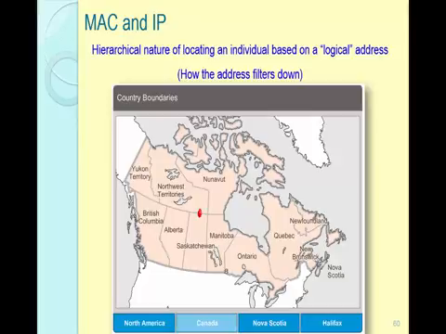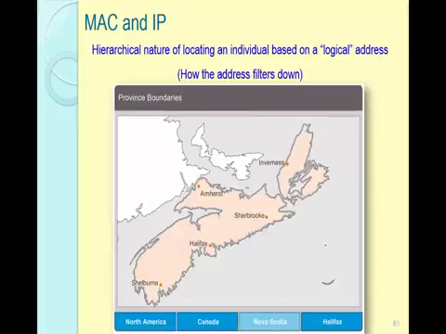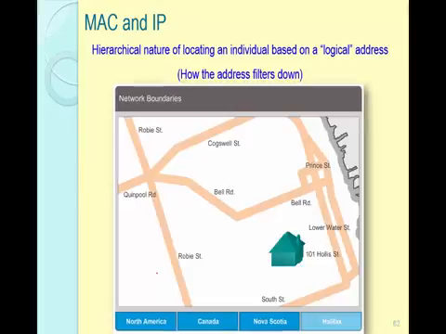And let's say it needs to go to Nova Scotia. So they forward all the traffic that's meant for this province there. Once it makes it there, now these guys know the local towns and so on. So once you go close enough, then and only then you look at the actual physical address, like the street number and so on.